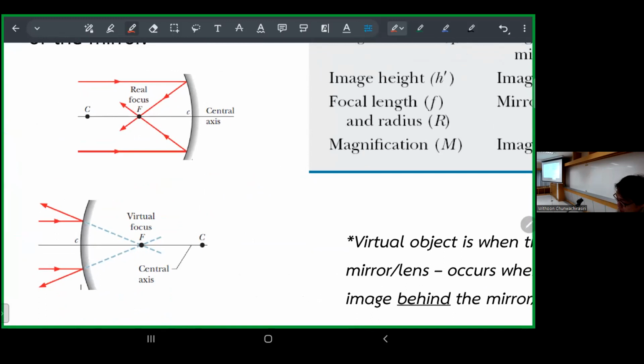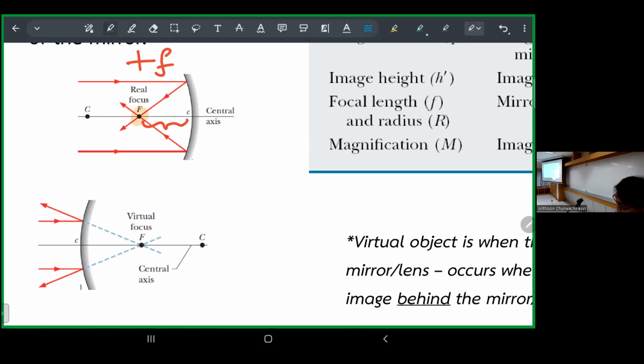But we already discussed, you call this a real focal point, because once the light gets reflected, the rays really intersect each other. So whatever is real, we're going to call positive. That's why we can conclude that the focal length of the concave mirror is positive.